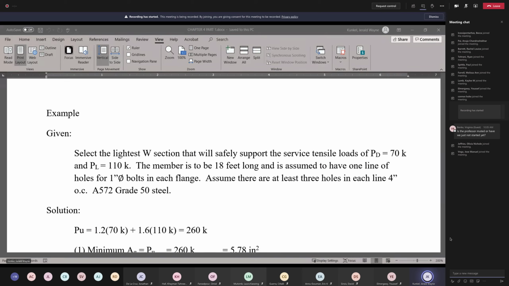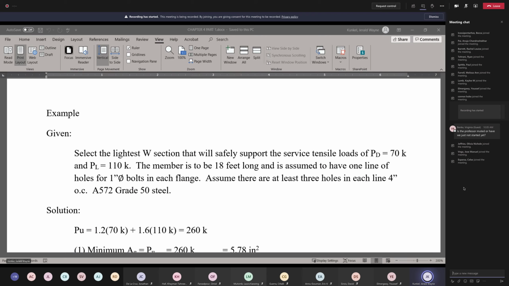So what will happen is if we take the loads that are given to us, this is the example problem that you see. The service dead load is 70 kips. The service live load is 110 kips.